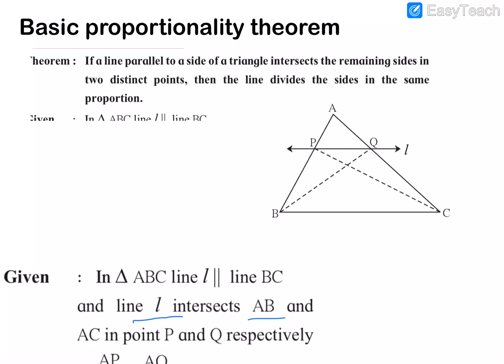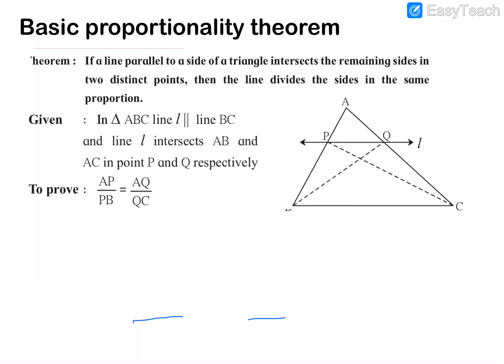Next we can see what we need to prove. We need to prove that the line divides the other two sides in the same proportion, meaning the same ratio. So you can see AP by PB is equal to AQ by QC.